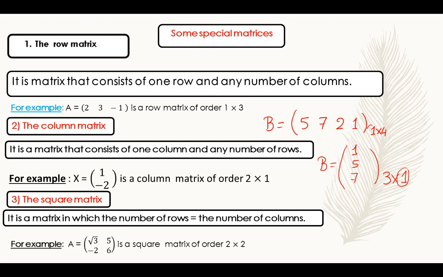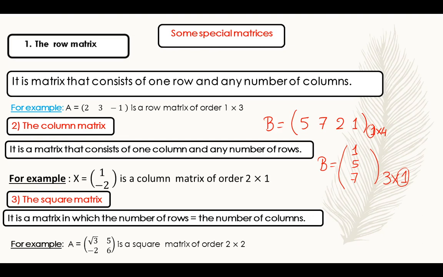So if the matrix has 1 row, it is a row matrix. If it has 1 column, it is a column matrix. The third kind is called the square matrix. The square matrix is a matrix in which the number of rows equals the number of columns. For example, a matrix of order 3 times 3 or of order 2 times 2.